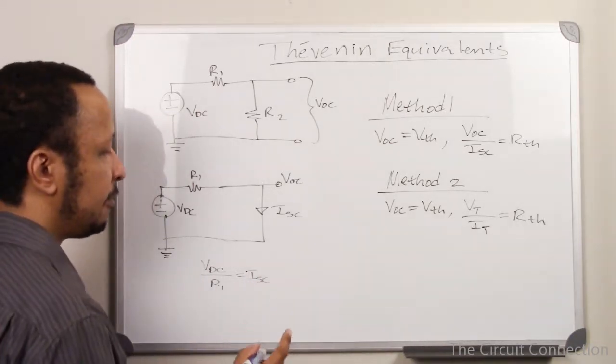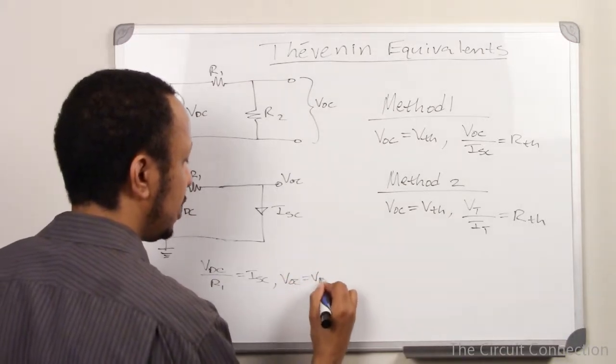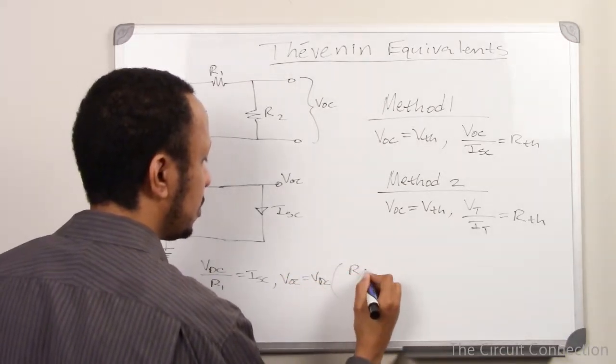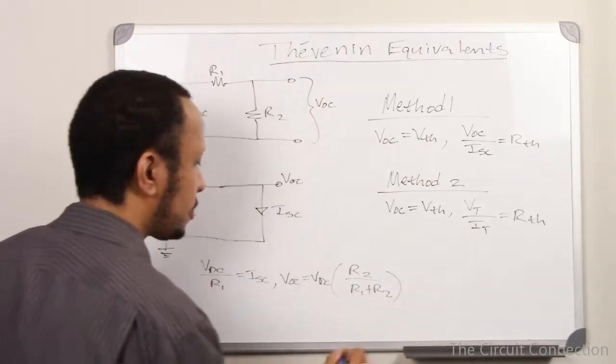Now, again, our VOC was equal to VDC R2 over R1 plus R2.